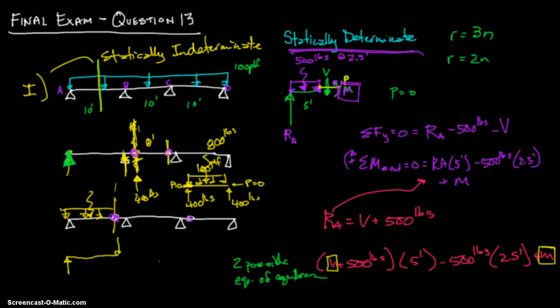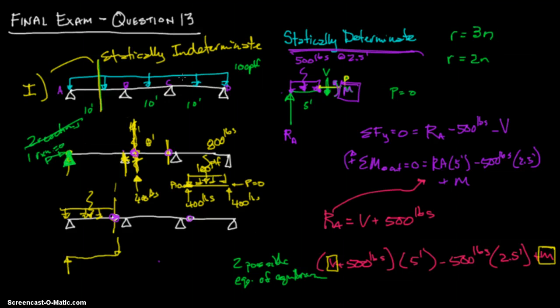Instead of having two reactions, it only has one. Now it has one reaction, Rx, because it's assumed, since it tells us this, what I'll call a P load going down the axle, is 0. P equals 0.